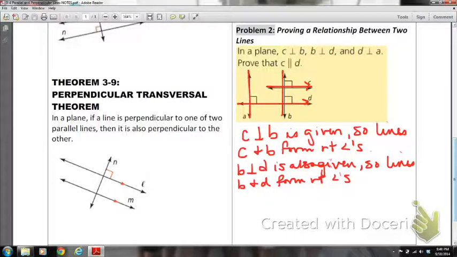Now we also know that all right angles are congruent, by the right angle congruence theorem that we learned in the last unit.